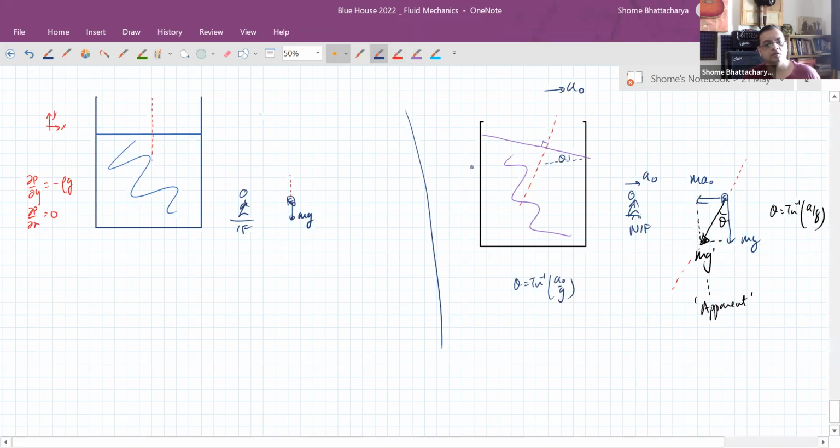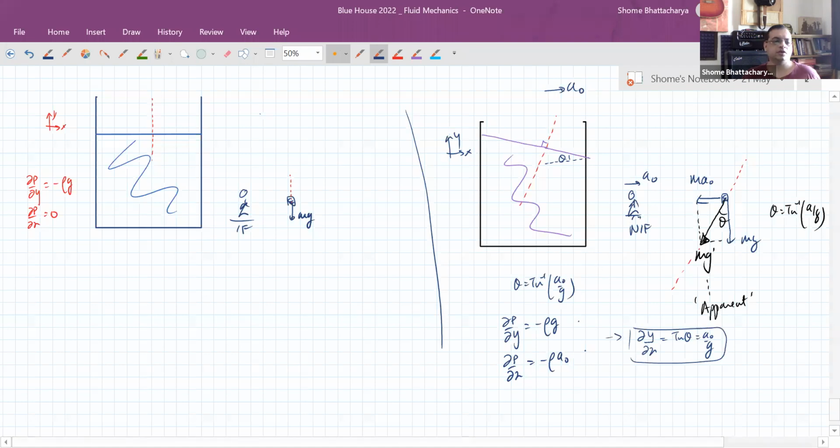We are taking this as the x and y axes, and you can relate these two with the two components of effective weight or apparent weight. By dividing these two, you can also see this. So at the surface this is what happens.